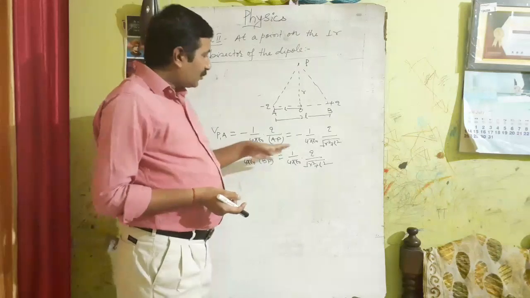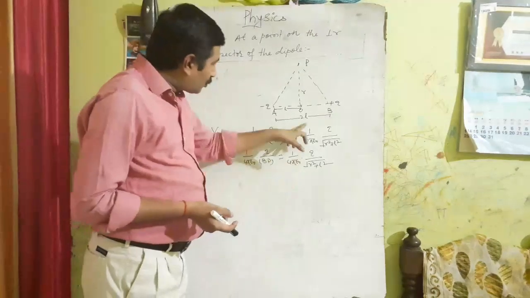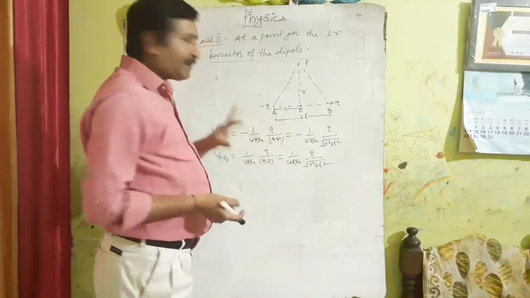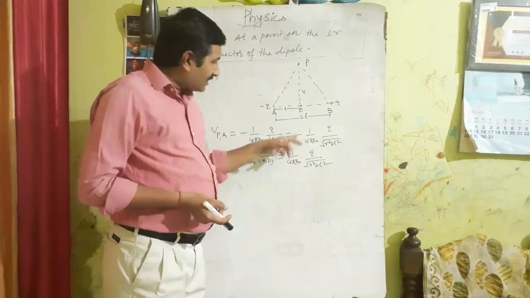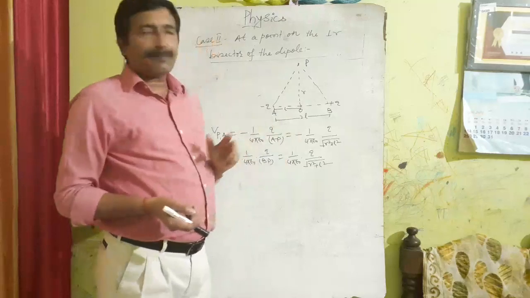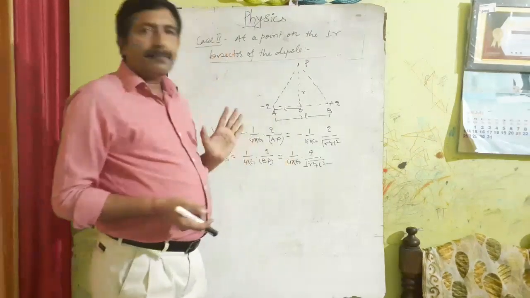Here we see that the two potentials VPA and VPB are equal in magnitude, but their signs are opposite. This is negative, this is positive.